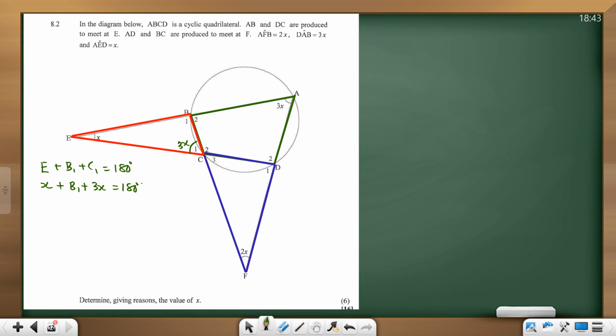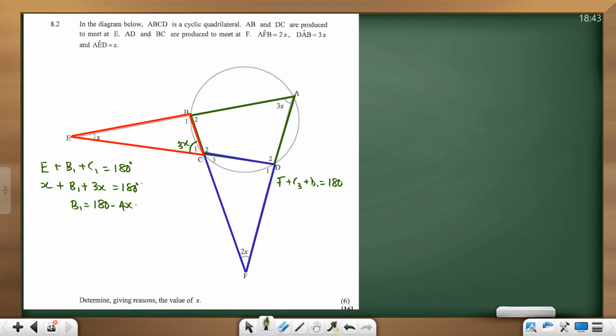So then I made B1 the subject of the formula, and I got 180 minus 4x. So B1 is equal to 180 minus 4x. Then I moved on to the blue triangle. F1 plus C3 plus D1 is equal to 180 degrees. C3 is 3x.